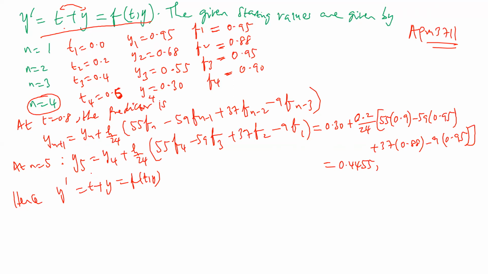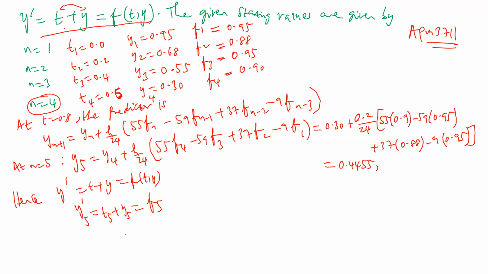So we are dealing with y5, which means f5 is t5 plus y5. Just putting the subscripts there.